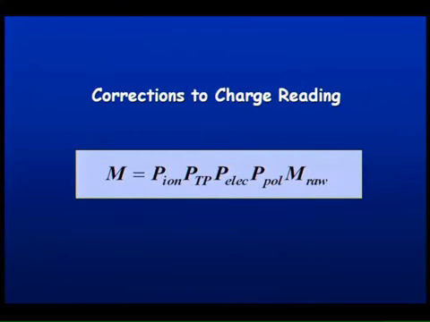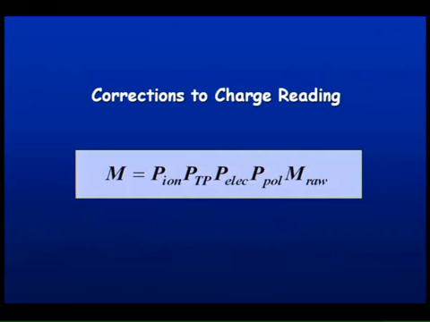The chamber reading, M raw, is affected by various parameters. Larry has mentioned some of that. It's actually affected by many influence quantities. The influence quantities are quantities that are not the subject of interest, but that impact the quantity that we are measuring.